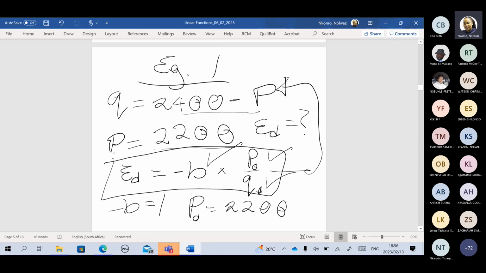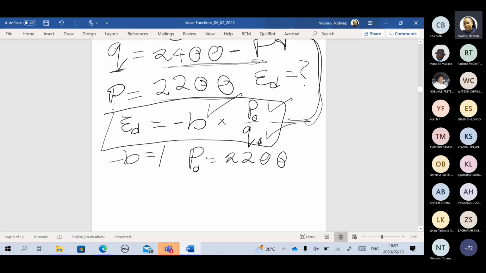But we can just go back to the demand function, which has Q and P as unknowns, and we know that P is equal to 2,200. So the next step is to go back to this equation and ask what our Q would be if P is equal to 2,200.